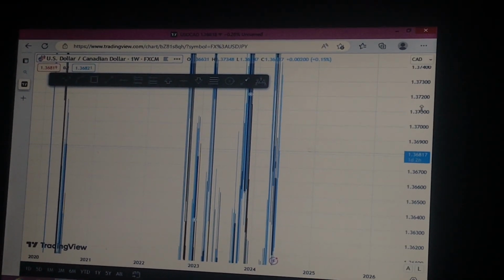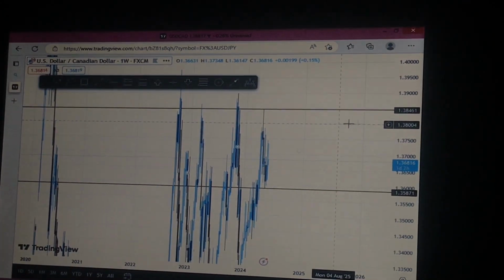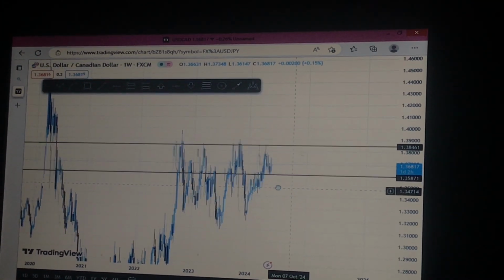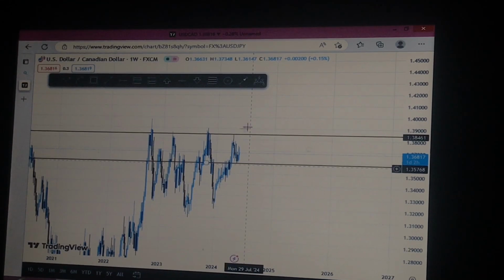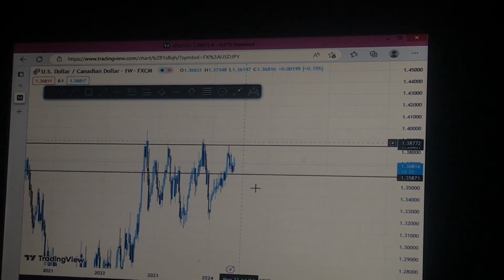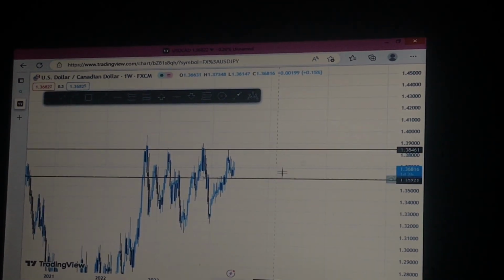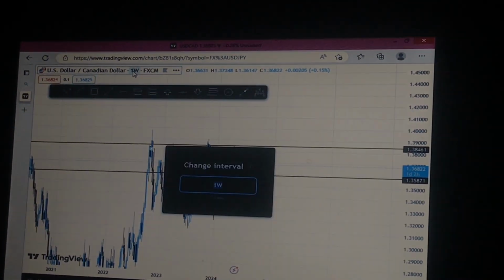We start on our weekly time frame. This was my lowest of the day and my high of the day, as you can see on the weekly time frame. So as soon as I got these two zones, I went to my daily time frame.